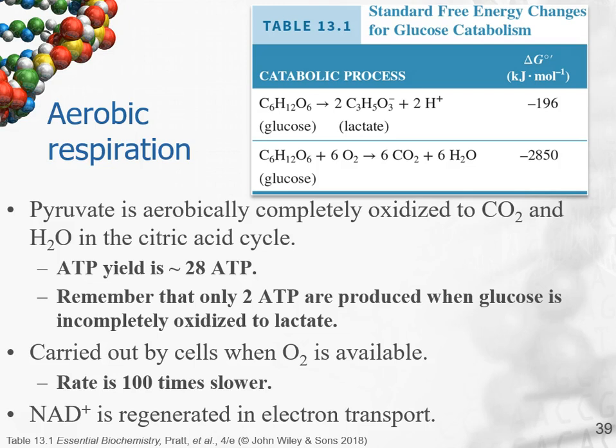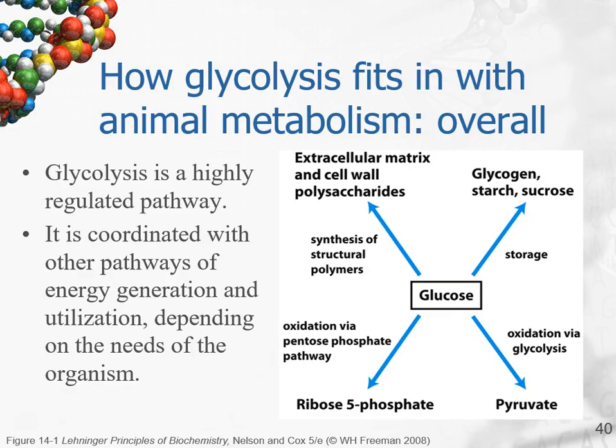Remember that we only got 2 ATPs produced when glucose was incompletely oxidized to lactate. So we'll get 30 if you completely oxidize it. So you get a whole lot more ATP, but you have to have oxygen, and it's way slower. You do regenerate the NAD+, but you don't regenerate it until you get to electron transport, and that's the subject for chapter 15.